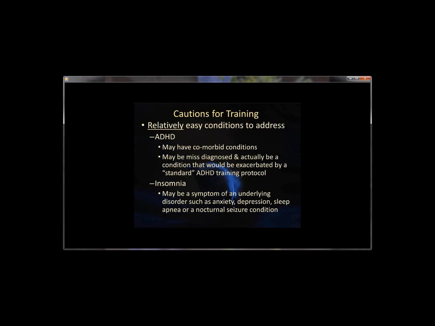So a relatively easy condition is ADHD, and the reason for ADHD, a true inattentive frontal slowing ADHD, being a good person to work with, is because these folks tend to be fairly resilient in the sense that they don't shift out of being under-aroused very easily. And so it takes a lot of sessions. There's a lot of intervention that you have to do.